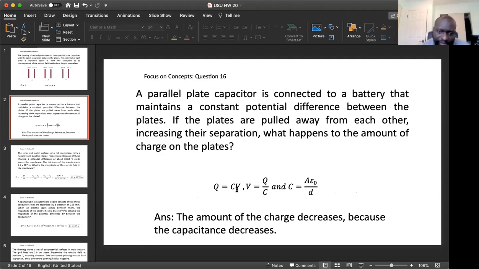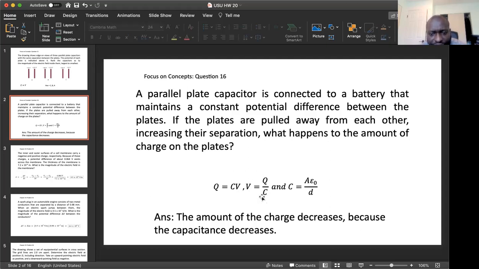So we go to another formula of capacitance. Charge is capacitance times voltage, and voltage is charge over capacitance. If we're keeping the potential V constant and we are increasing D, it means we are making C small. If we're making C small, what are we going to do to Q to keep V constant?